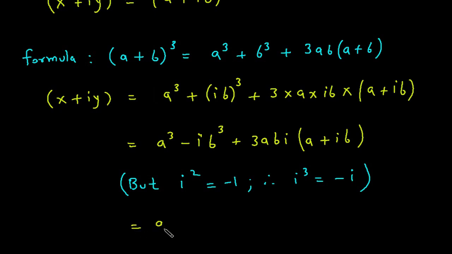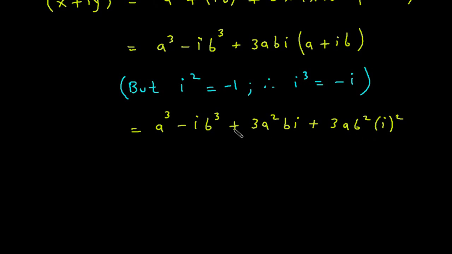So this will be a³ − ib³, then plus, now this will be 3a²bi, and this will be plus 3ab², and this will be i². Again i² is −1. So first we will write i² as it is.